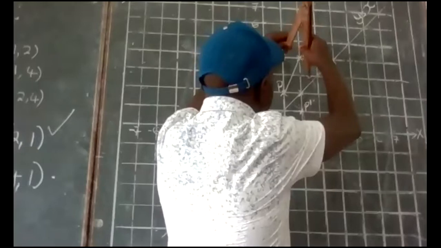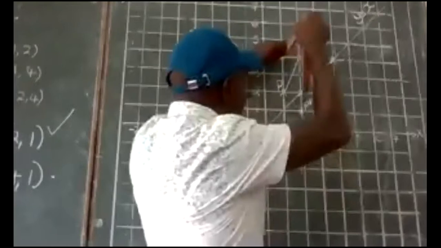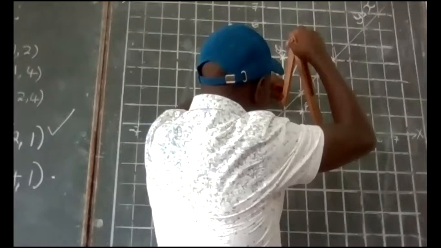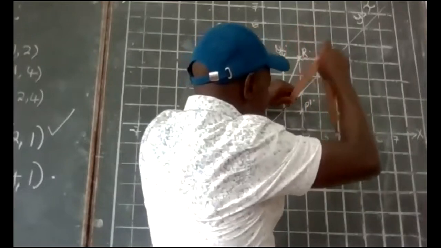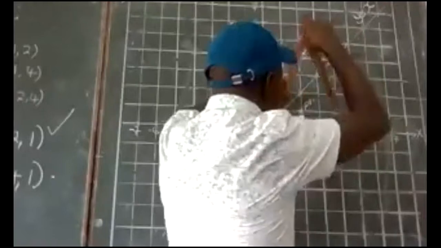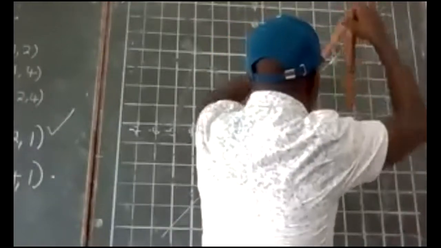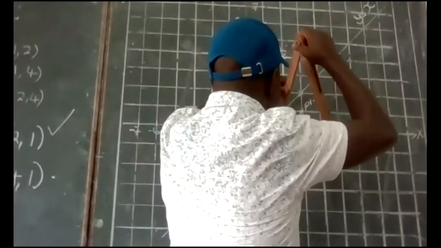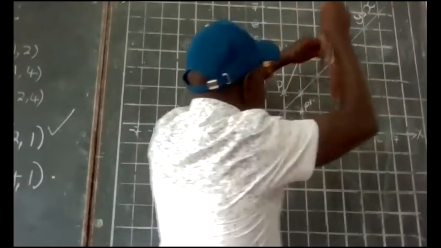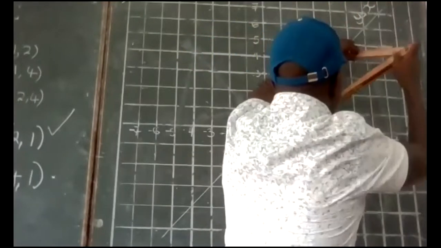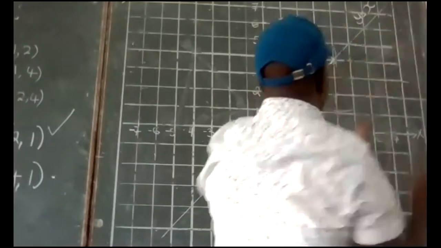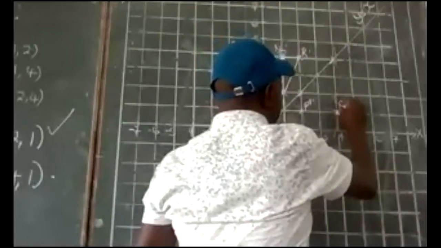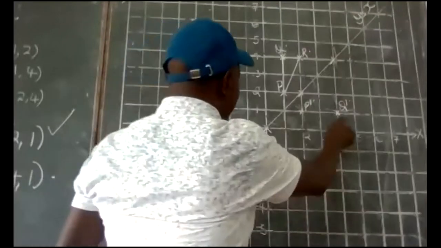This is the radius I want. I cut there, I cut here. Then stand here. I don't change the length of the compass. I cut here, then I stand here. I stand here, I cut, then stand here and cut. The point is this one. So this is the Q complement, and it is 4, 1.